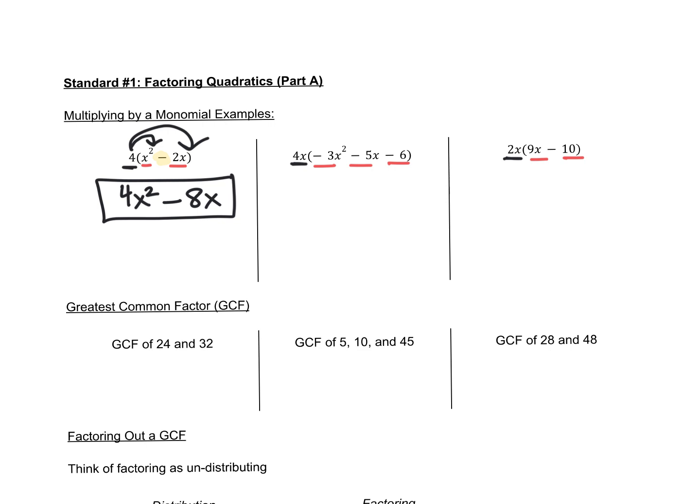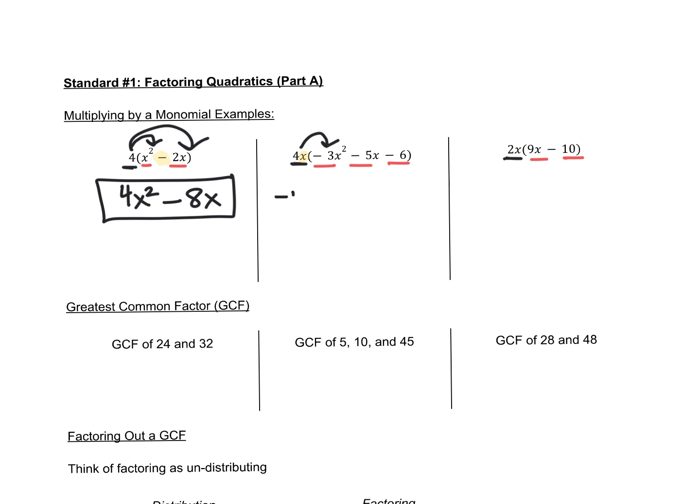All right, let's do the next one. We are going to distribute the 4x to these three terms. So with this one, the term out front has a variable x. Okay, so we have to make sure that when we multiply, we think about two things. We multiply the coefficients first. So I'm going to do 4 times negative 3.